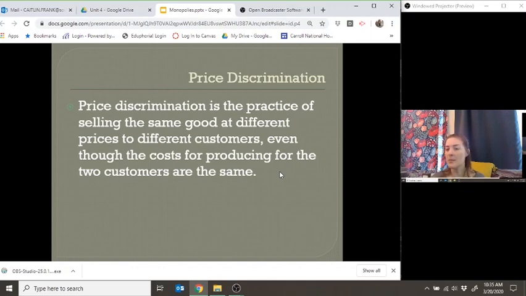Okay, so yeah, in the perfect example, it sounds extreme. But when you think about things like movie tickets, they charge a different price for seniors, a different price for students, and a different price for just working adults. This is because they know seniors and students have a lower max price than working adults. So because of that, they're price discriminating.